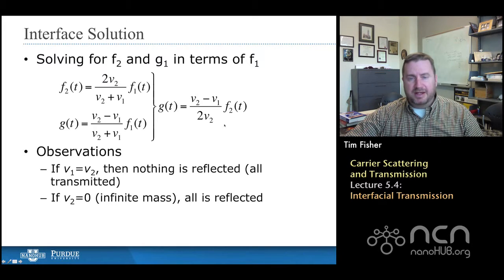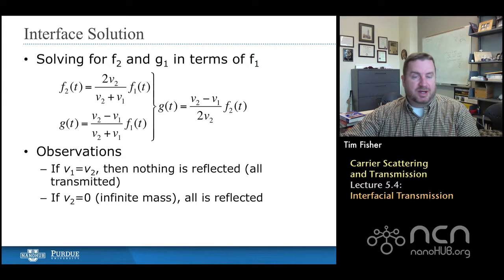And what we find is that if the wave velocities in both strings are the same, then nothing is reflected. That's as if it's just one string of the same kind, and that's what we would expect. There was nothing to create a reflected wave, and so nothing reflects.